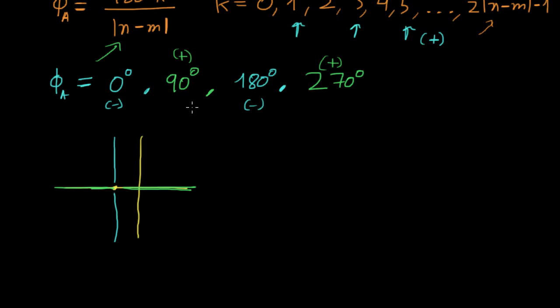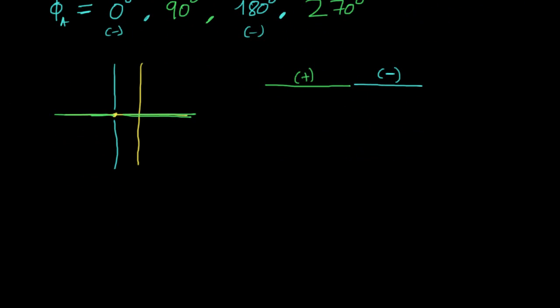Well, this is quite simple, and yet once you get used to drawing root loci, you stop using this formula, because what you do is, okay, there's one more pole than zero, or one more zero than poles. Then the only asymptote for the positive root locus is this one, and the only asymptote for the negative root locus is this one.